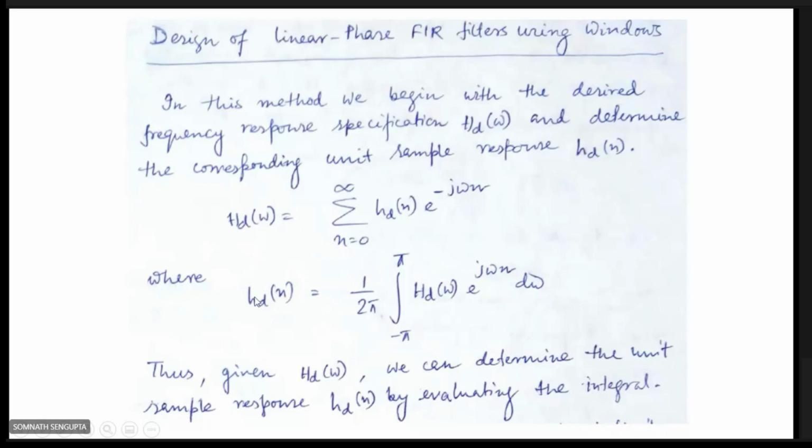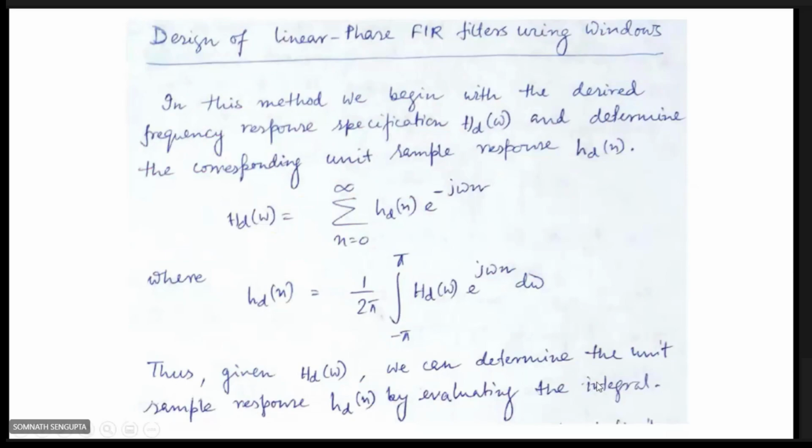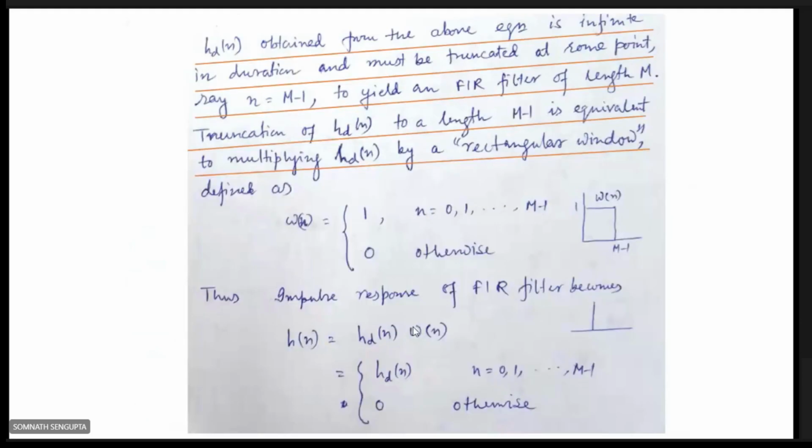Now this will be the impulse response of the filter, the frequency response in time domain, h_d(n). If you find the integration, it will come in some function, and it does not have any limit. It is not restricted. The number of samples will be very high or infinite. So we have to restrict the different samples of h_d(n) to some certain finite number.